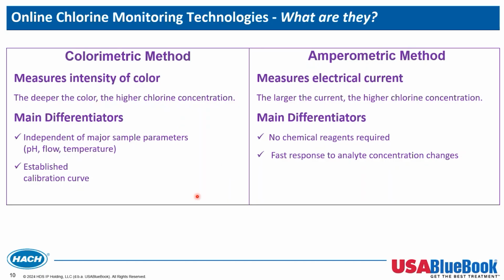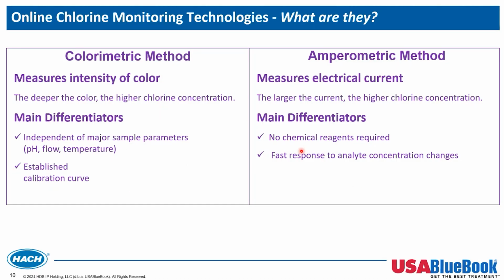Now, if you look closely at this slide, the main differentiators are the influence of major water parameters, such as pH, flow, temperature, and calibration. On one hand, you see here the colorimetric technology is independent of those parameters, and it has the established calibration curve.